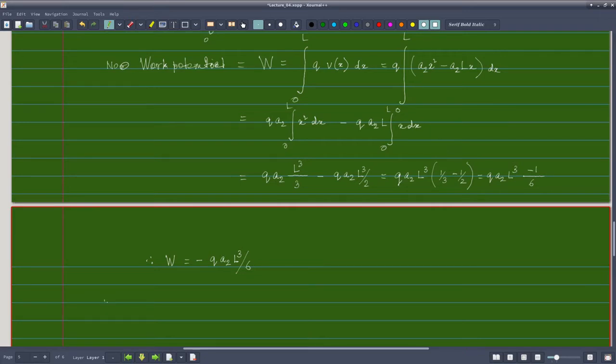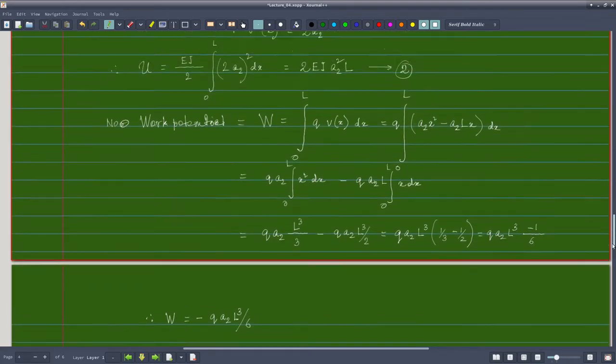So now what is my total potential energy? So TPE, which is capital pi, is my U minus W. So U was how much?